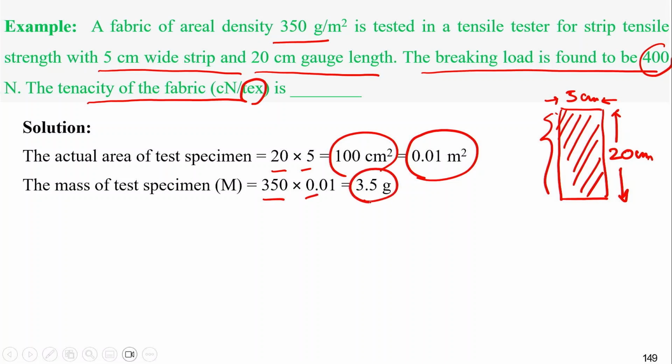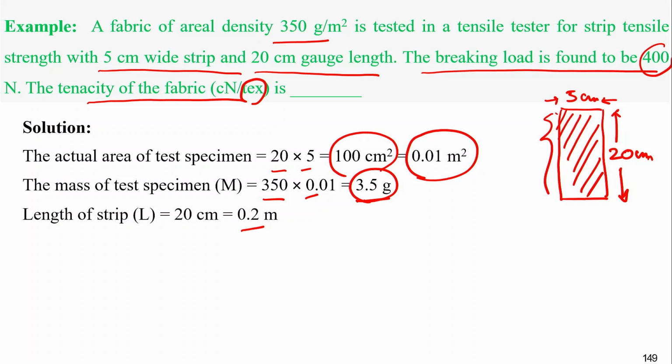So, this 3.5 gram is the weight of the fabric whose actual length is 20 centimeter. 20 centimeter length of the fabric weighs 3.5 gram. From there we can calculate the tex of the material. The length of the strip is 20 centimeter, which is 0.2 meter, and tex is basically mass in gram per 1000 meter, so 1 kilometer.